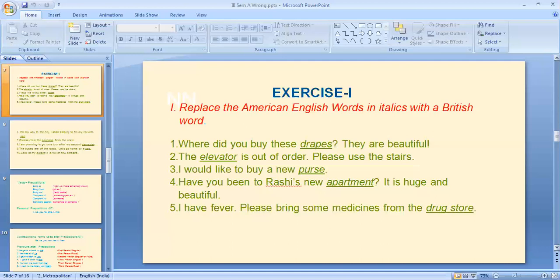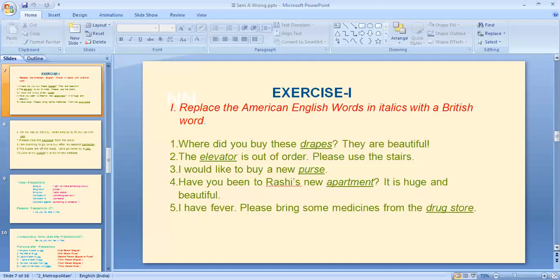Sentence number 2. The elevator is out of order. Please use the stairs. So the elevator is under repair, it is not working, it is not functioning. So please go through the stairs, the steps. The word used by the Americans is elevator, because it is given in italics and underlined.